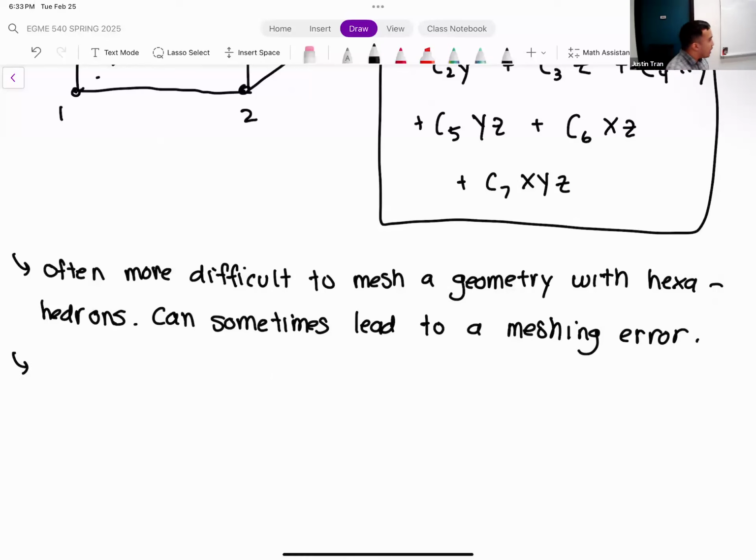But if you can get it to work out, there are benefits to it. The most obvious benefit is in the shape function. The shape function for the linear hexahedron has a lot more capabilities, a lot more terms, than a linear tetrahedron.